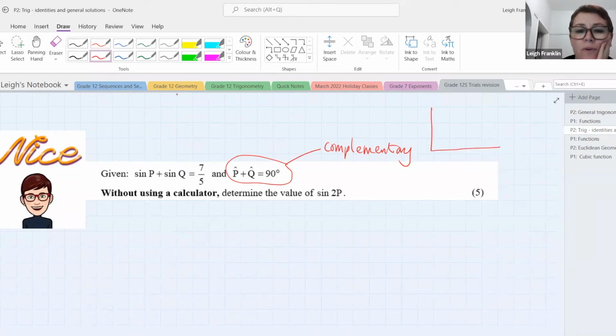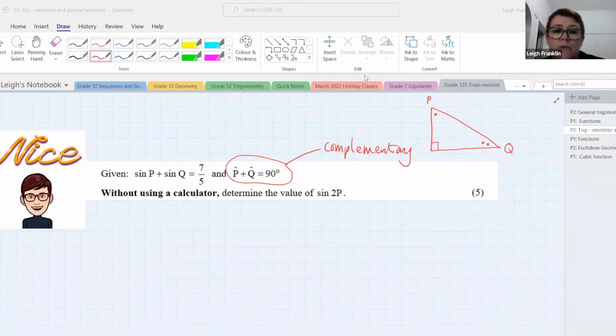If P plus Q is equal to 90, if that was angle P and that was angle Q, then we'd have to be working in a right angle triangle, wouldn't we? And both P and Q would need to be acute angles. Does that make sense to everybody? So they're both acute, they're complementary. We must be working in a right angle triangle.